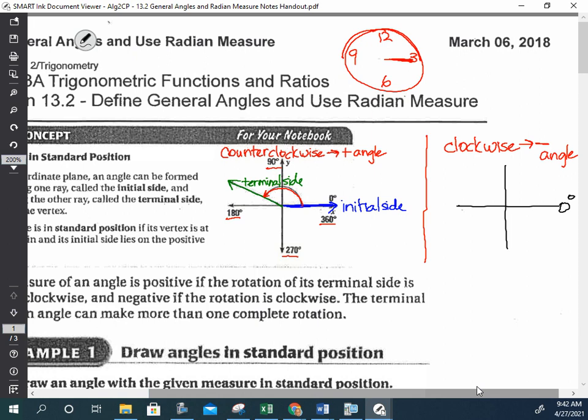Always start at 0 degrees. So clockwise is starting going down. So that's negative 90 degrees, negative 180, negative 270. You make it all the way around, negative 360.